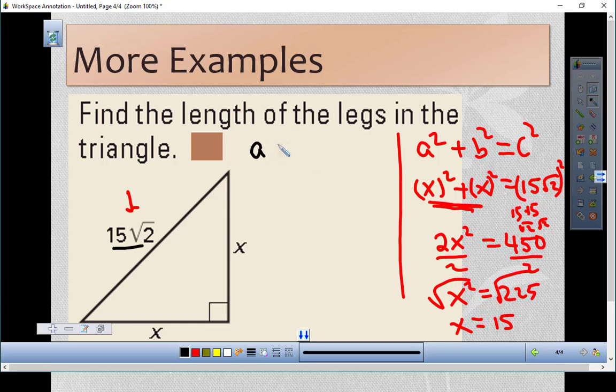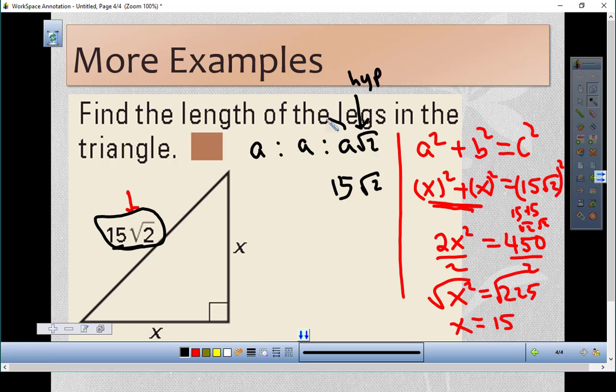So we have a, a, square root 2. This time, this number here is the hypotenuse. Okay? Well, this is the hypotenuse right here, so this is 15 square root 2. So how do I go over to here? Well, according to this pattern, all I need to do is divide by the square root of 2.